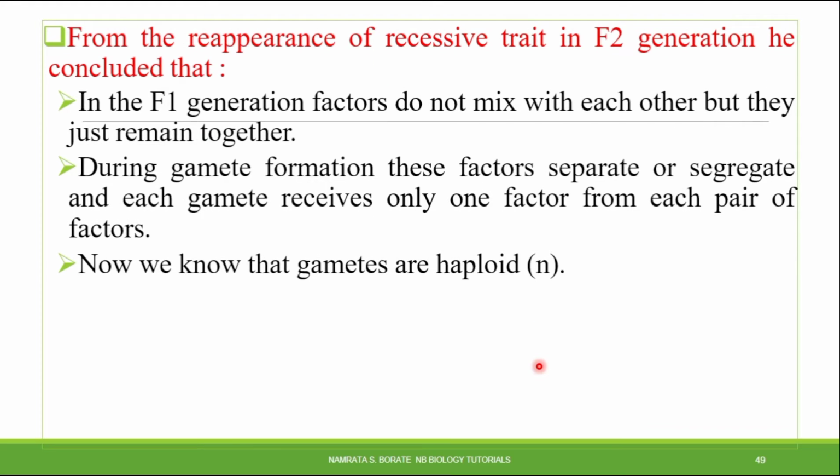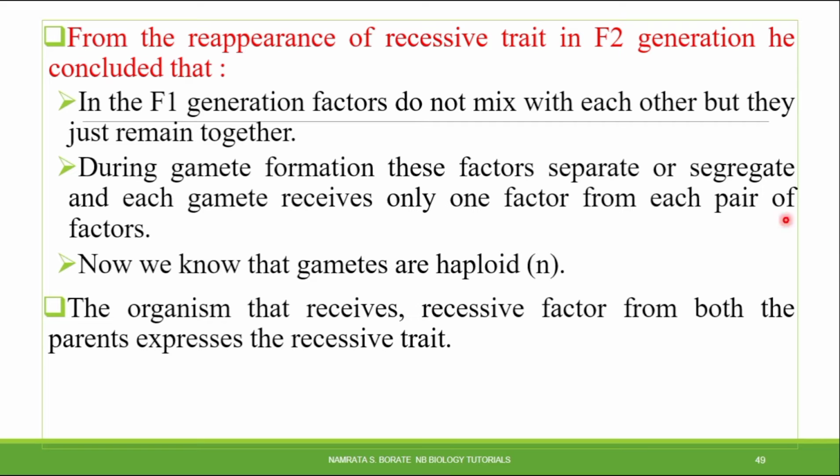From the reappearance of the recessive trait in the F2 generation, he concluded that in the F1 generation the factors do not mix. They just remain together. They never mix. They never blend with each other.